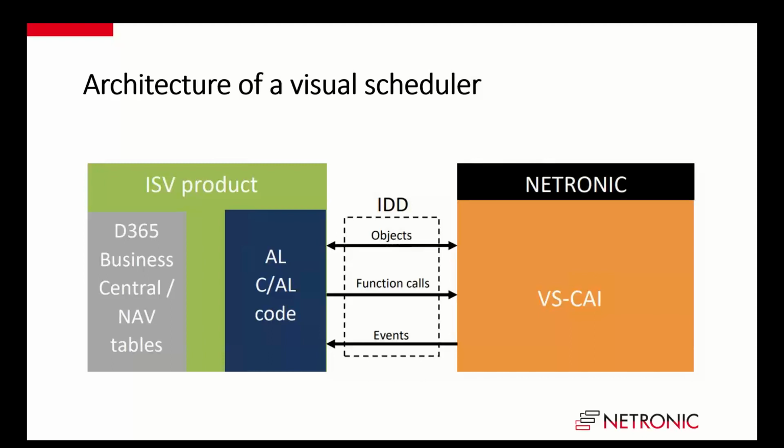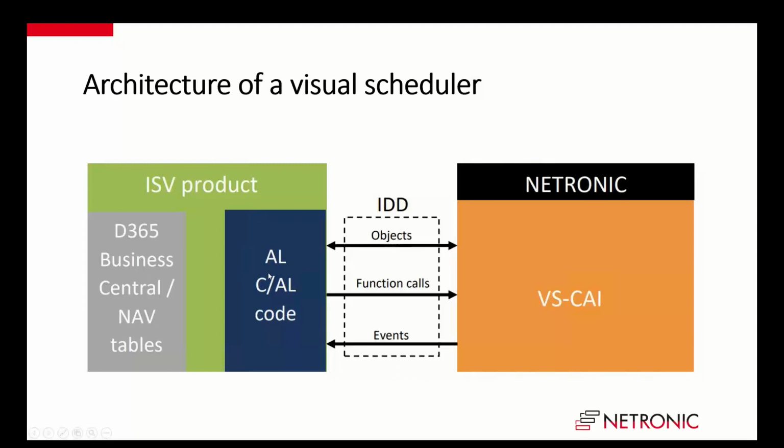Okay. Fine. So now something on the architecture. I will get into this later a little bit more, but the important thing is on the right side, we now see our visual scheduling control add-in. This is coming from us, NETRONIC. On the left side, we have more or less the ISV product you probably plan to build.